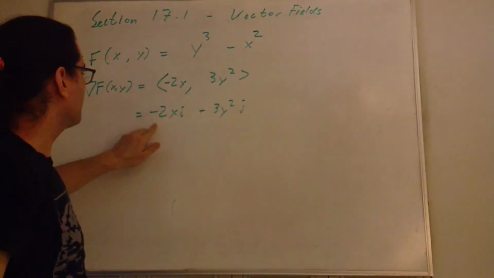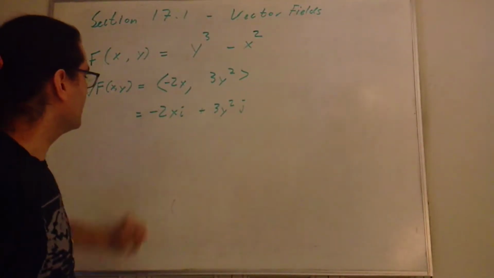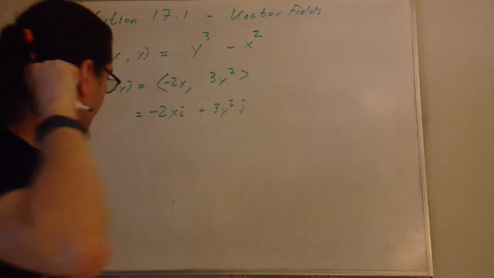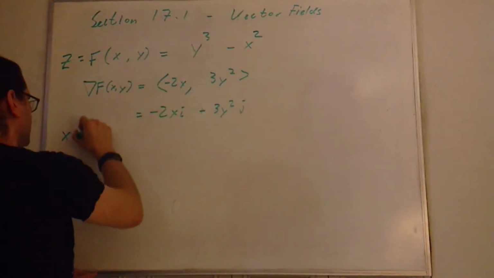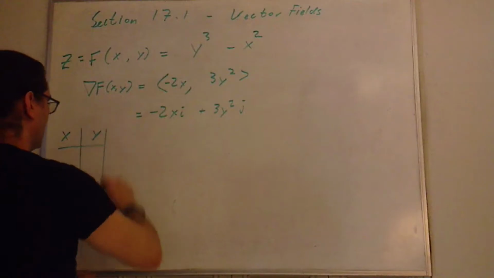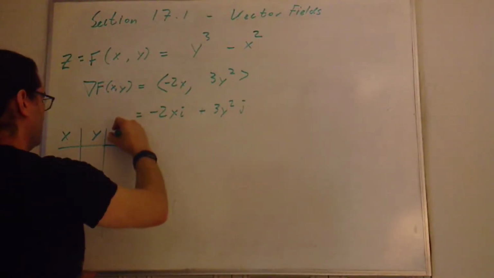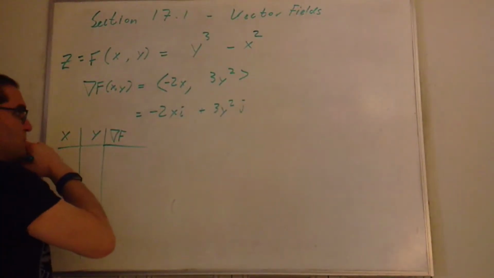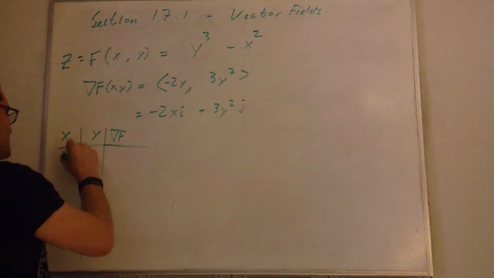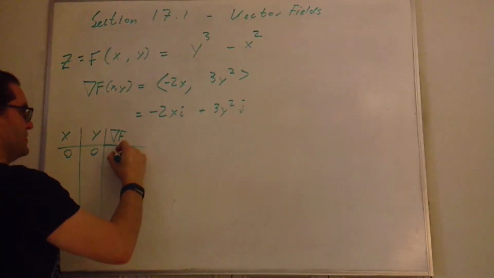To get a sense of what this vector field is like, I'm just going to plug in a handful of points. So I'm going to plug in points x and y together, and they're going to give me a vector, del f. A good place to start is 0, 0. That gives me the 0 vector.